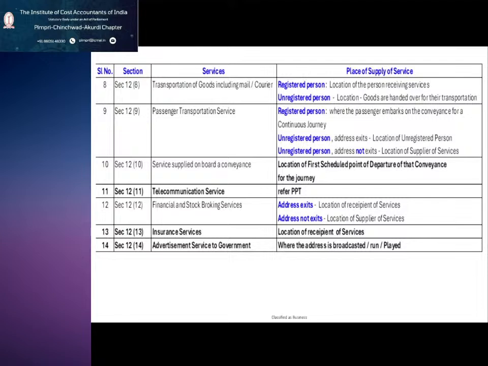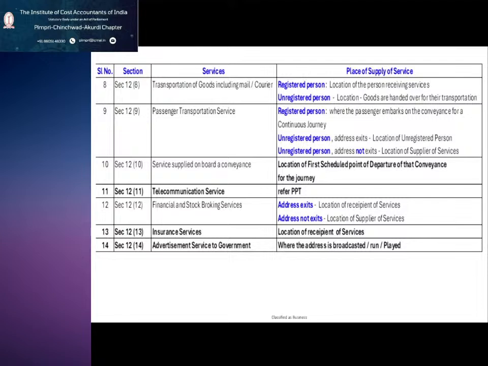What we have seen is again the same two repeated cases: if the address is there, and if the address is not there. He is a registered stockbroker and has clients in different states, and in that case it is the location of the recipient of service.